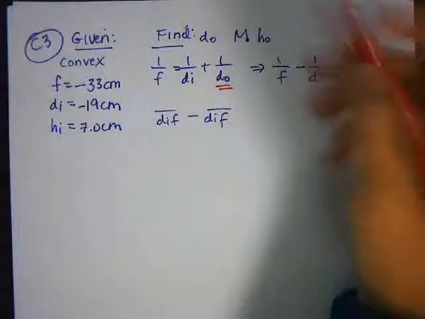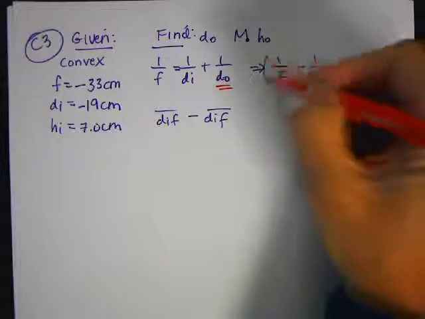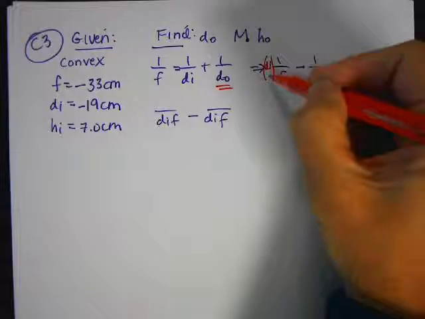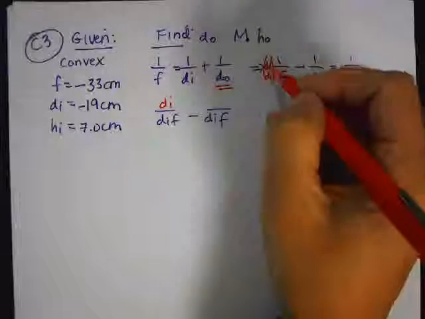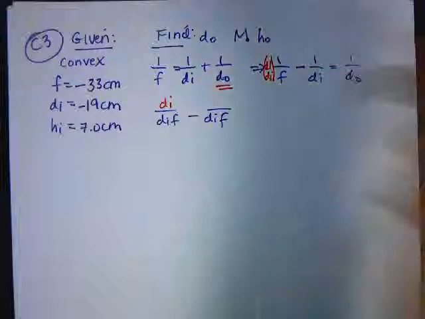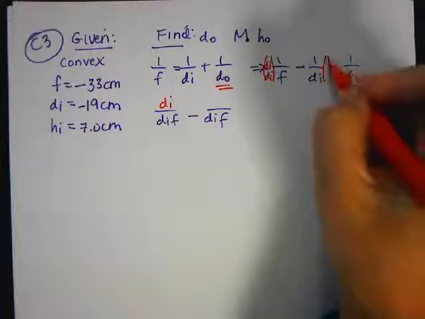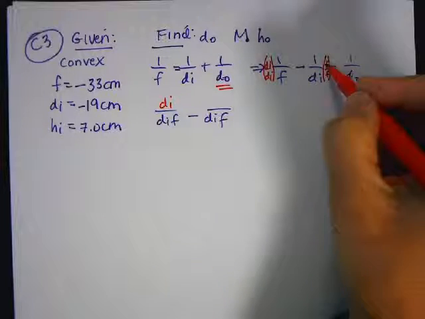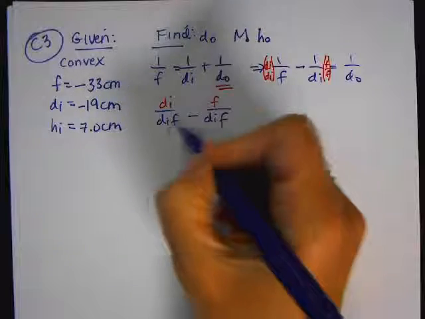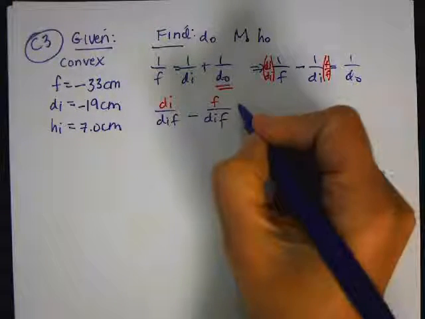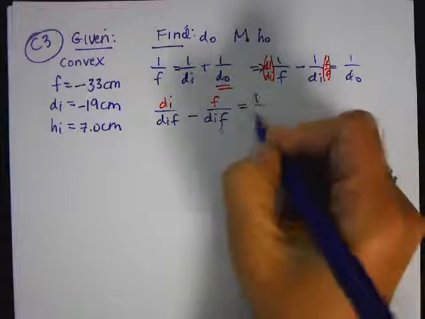What do I put in the numerator? Well, to get DIF here, I'm multiplying top and bottom by DI. So I'm going to have DI here. Remember, DI over DI is 1. To get DIF here, I'm multiplying top and bottom by F, because F over F is 1. So DI over DIF minus F over DIF is equal to 1 over DO.